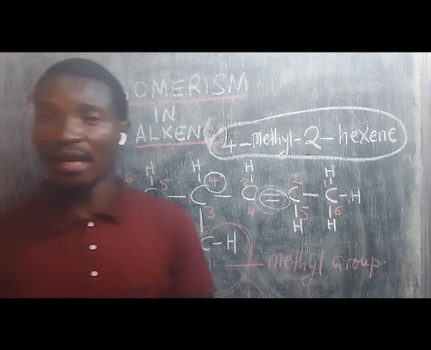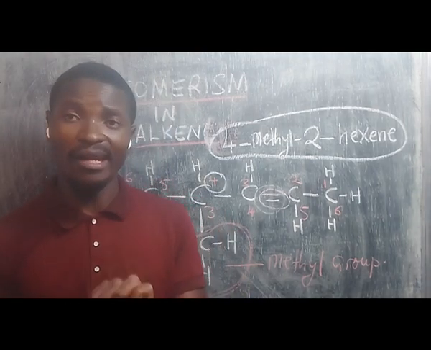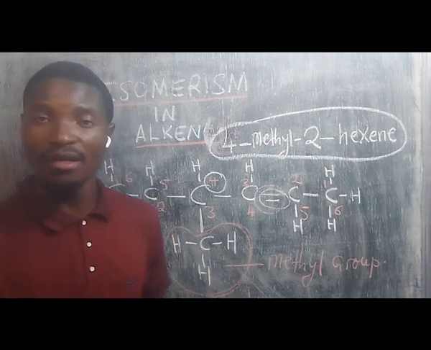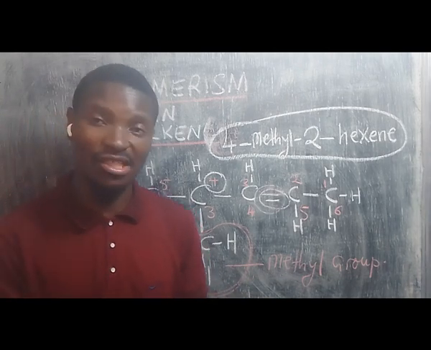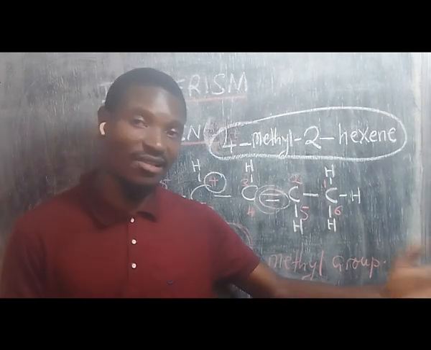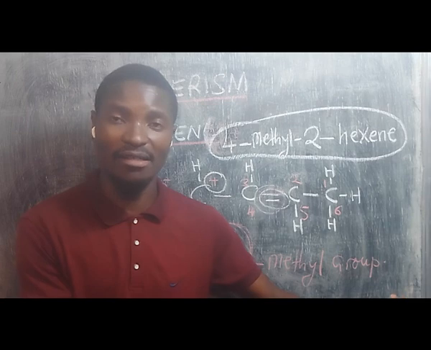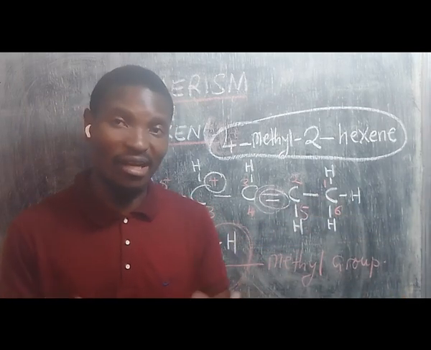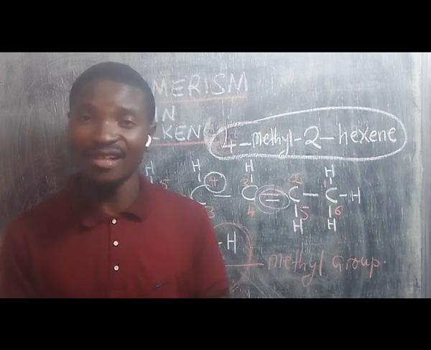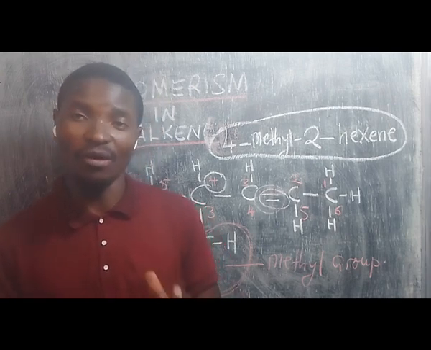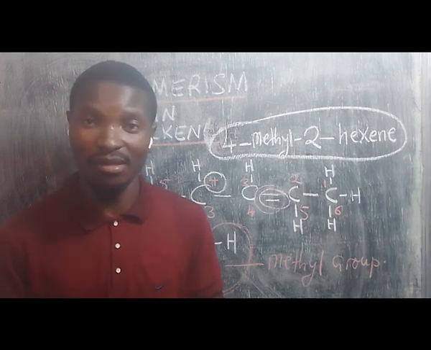So that tells you that the structural isomer we have drawn on the board is called 4-methyl-2-hexene. The hexene part is the root name, the parent name, which is normally the Greek name. Hexene is just an unsaturated hydrocarbon with 6 carbons in it.